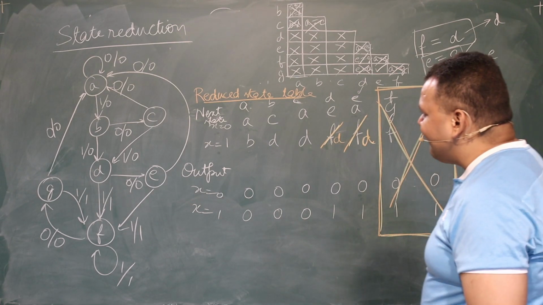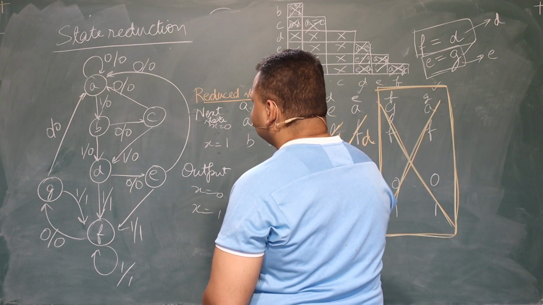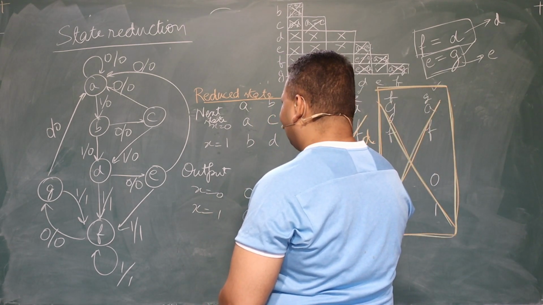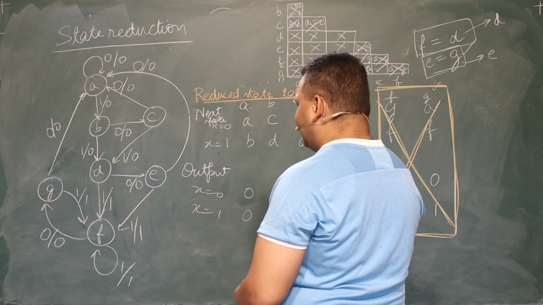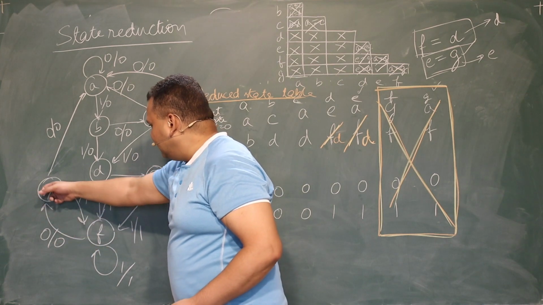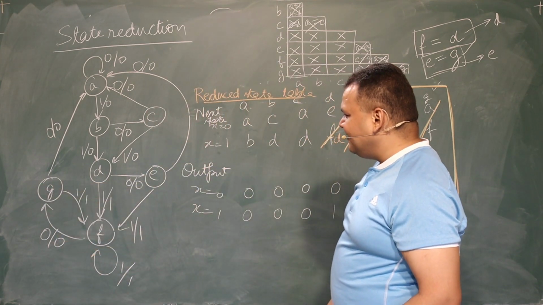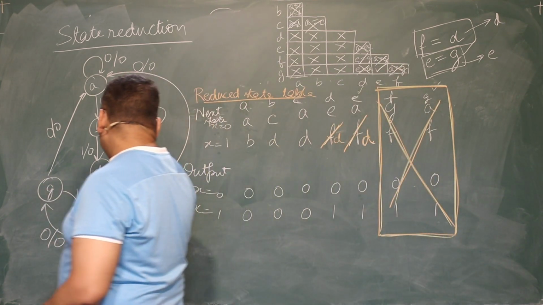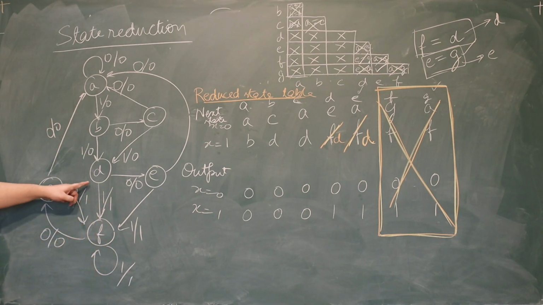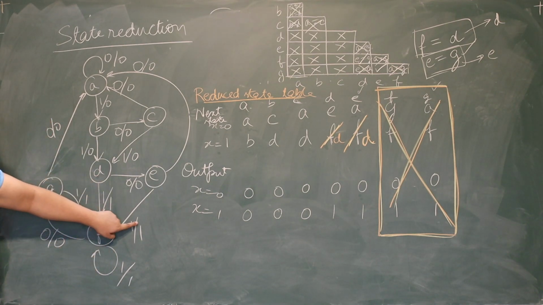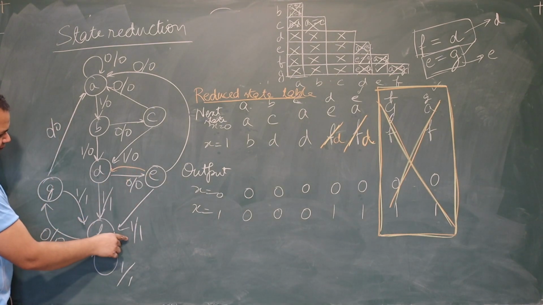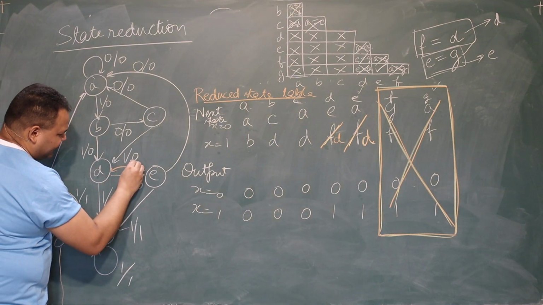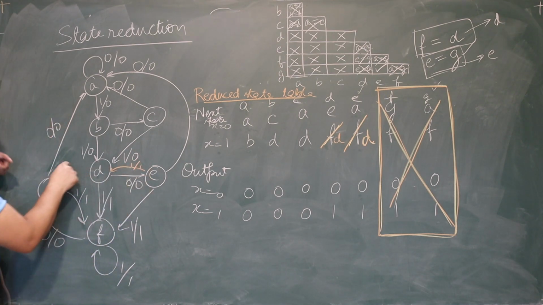F and G will be gone, and anything that was going to F will now go to D. So from E we were going to F on input 1 with output 1, so we'll go to D on 1 1.